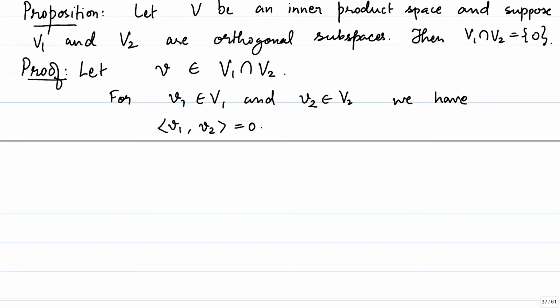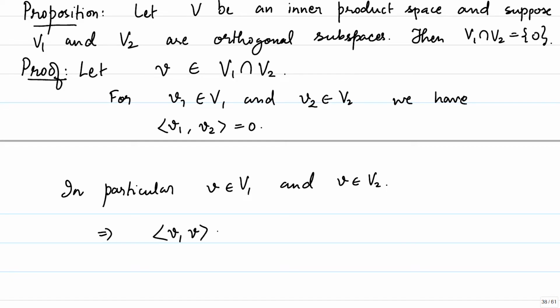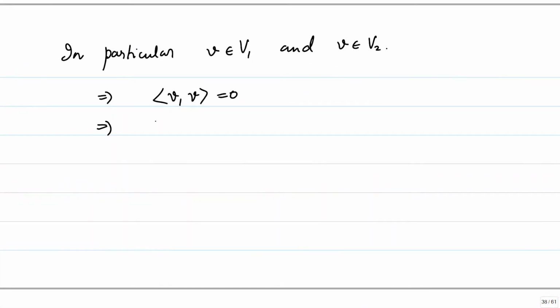But in particular, if v is in capital V1 and v is in capital V2 as well, because it is in the intersection, then taking v1 to be v and v2 to be v, we have the inner product of v with itself equal to 0, which implies that the length of v squared is equal to 0, which implies the length of v is 0 and therefore v is equal to 0. So that completes our proof.